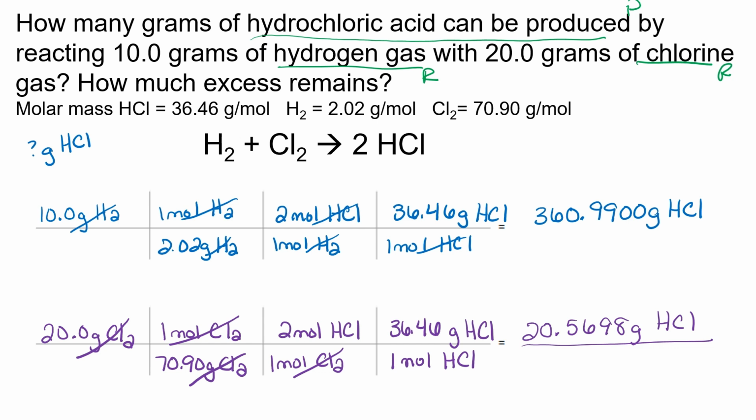So our limiting in this case is going to be chlorine. Our excess is hydrogen. And our hydrochloric acid produced is going to be 20.6 grams of hydrochloric acid.